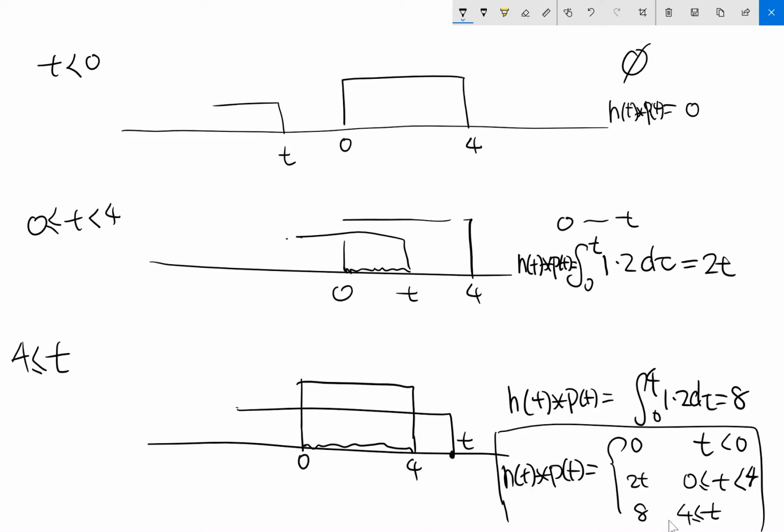Question: you always say t where 0 was, but the function was... Yes, right. He made a very good point.